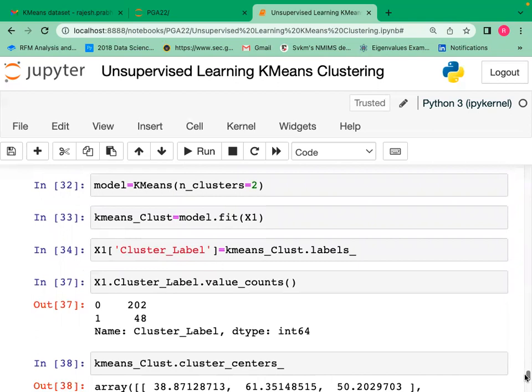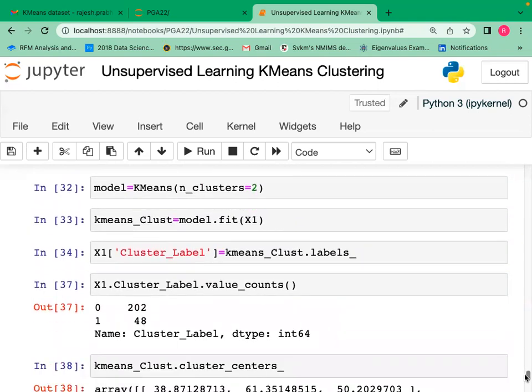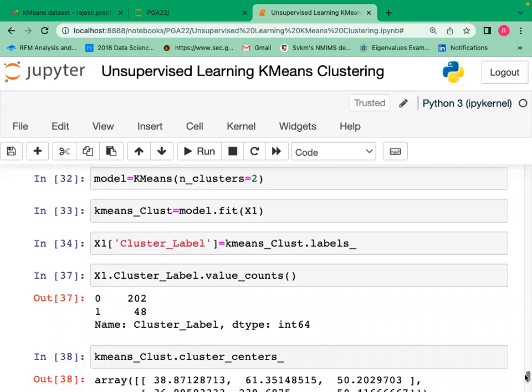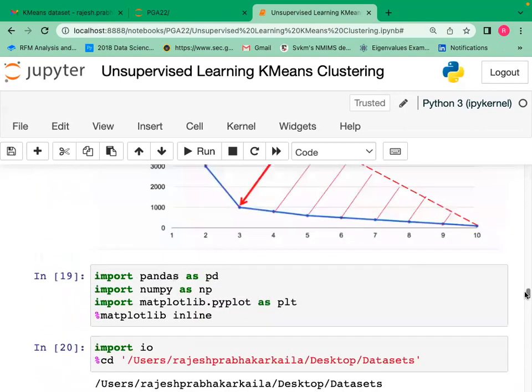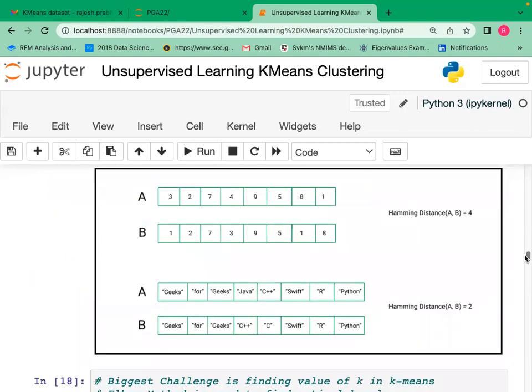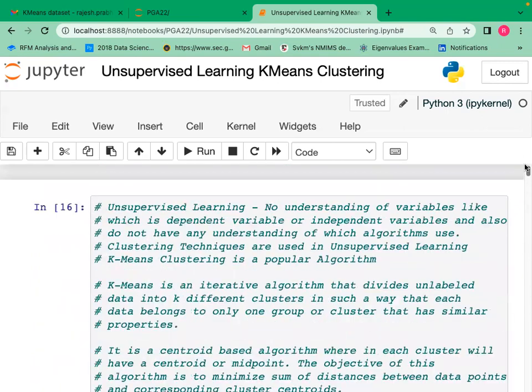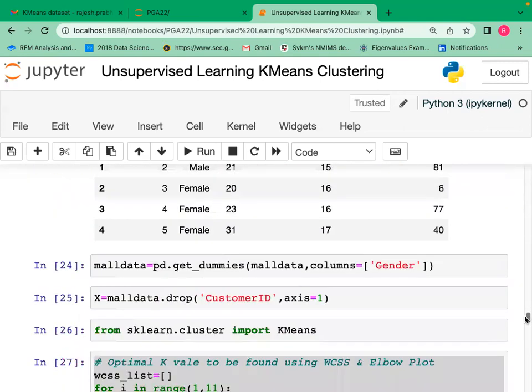Sir, let me know why you re-imported the data, sir. Which one? You re-imported the data. Why did you re-import? Because we did the get_dummies, right? So it has two extra columns. See, the mall data which I have imported has two extra columns, right?